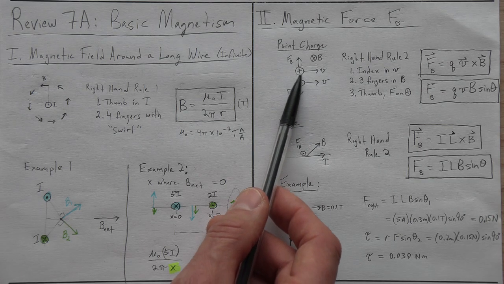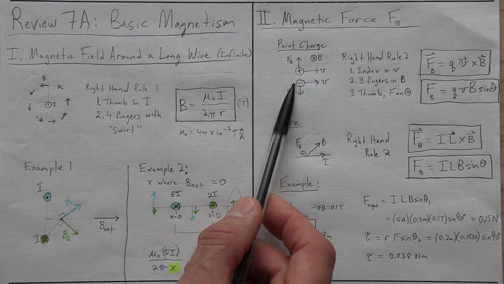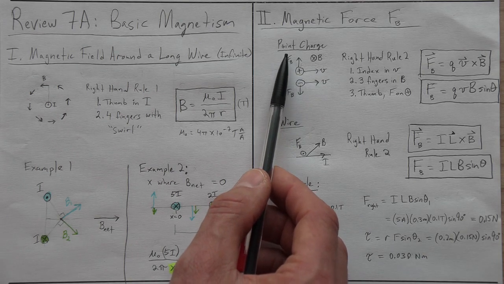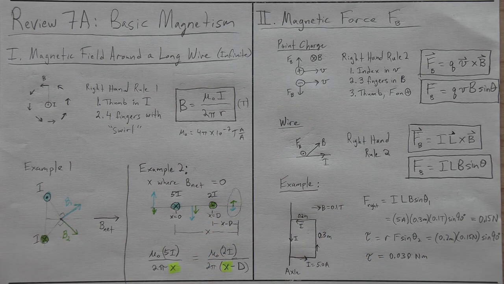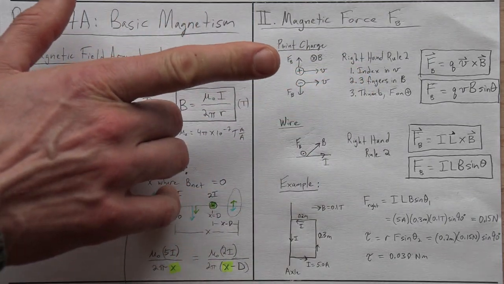So here's a scenario. Magnetic field going into the paper. You've got a proton and an electron moving. First of all, the magnetic force, you figure out the direction through another right-hand rule. I say right-hand rule number 2. So again, I just sketched it out quickly because we're just reviewing. But a reminder that the first thing you do is you put your index finger in the direction of the velocity.